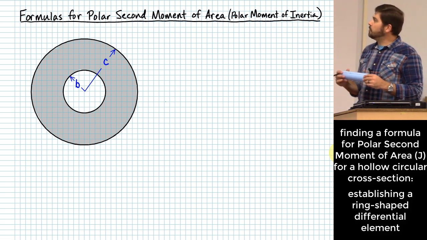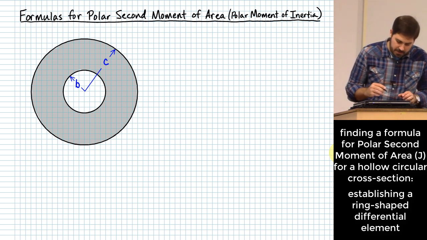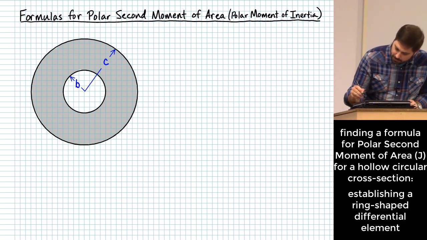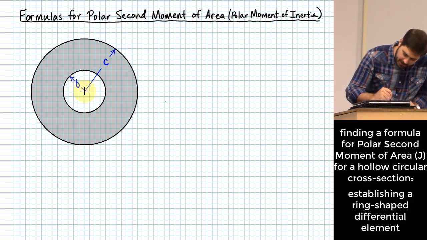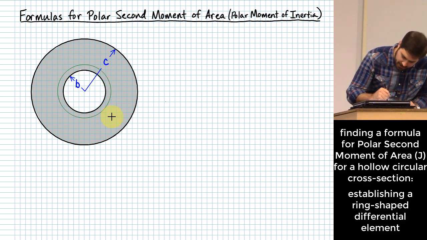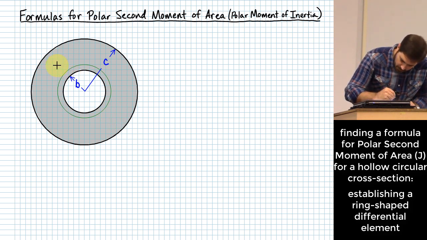What I want to do is come up with formulas for the polar second moment of area for this hollow member. My first step is similar to what I've already done. I want to go out here and put on a little donut. I want it to look good, so I'm going to use my little drawing tools here. Something like this, a little donut of material.